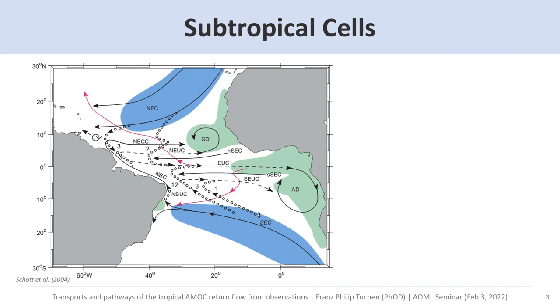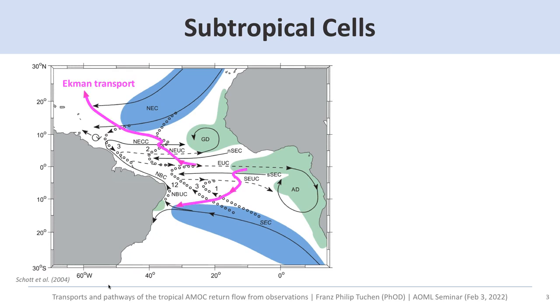This is also probably one of the most famous schematics of the subtropical cells, going back to a review paper from Schott et al. in 2004. It shows basically what I've shown you before, but now in a more horizontal way.